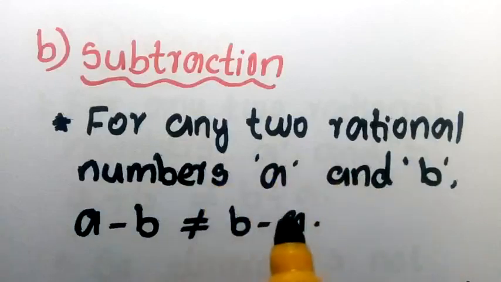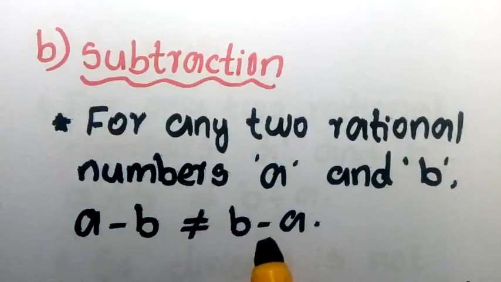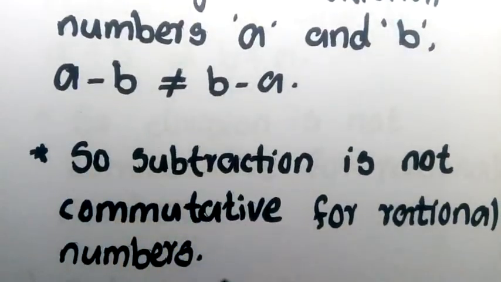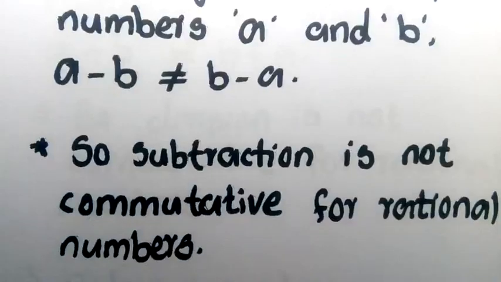For any two rational numbers a and b, a minus b is not equal to b minus a. Take any two rational numbers a and b and check the rule by yourself. If you take any rational numbers, always you will get a minus b is not equal to b minus a only. So subtraction is not commutative for rational numbers.